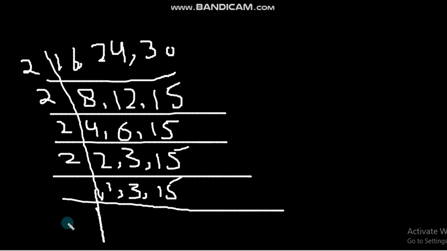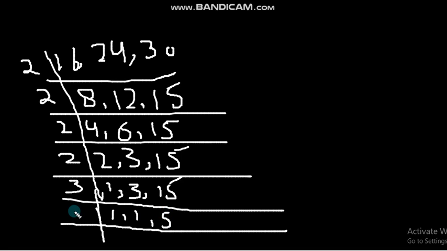Now there is no number which can be divisible by 2, so we will divide with 3. 3 one time, 1 and 5. The last one is 5.